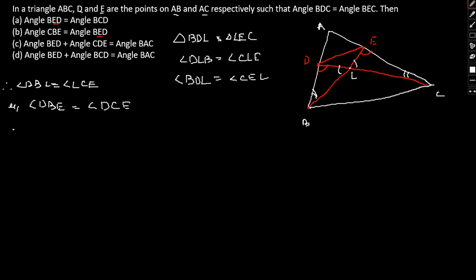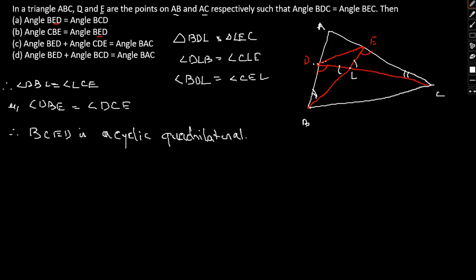So what we can conclude here is that BCED is a cyclic quadrilateral. We can successfully conclude this because angle DBE and angle DCE lie on the same arc DE.